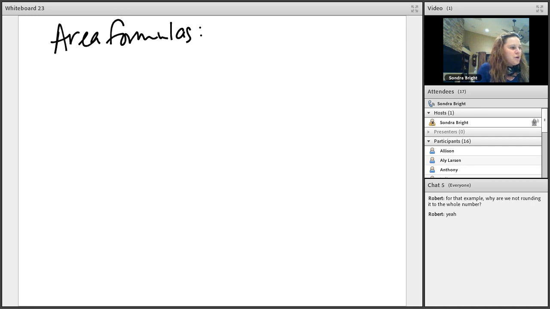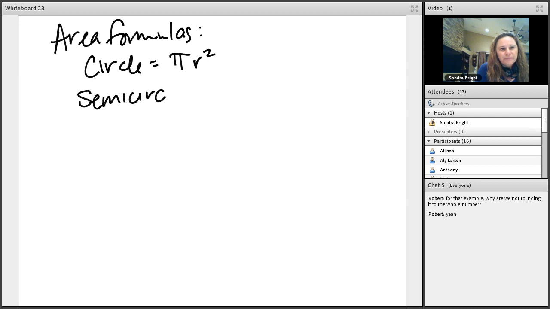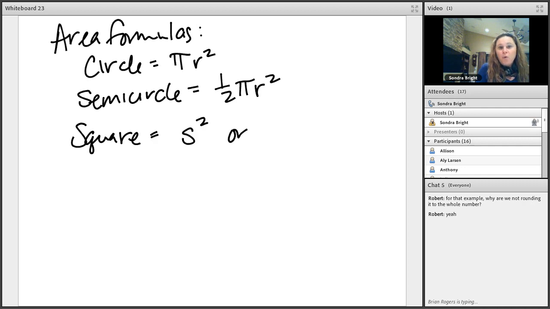You need to know a circle's area is pi r squared, so a semicircle is 1/2 that. What else? A square is side squared, or if it's the diagonals that are given, then it's 1/2 d1 d2.